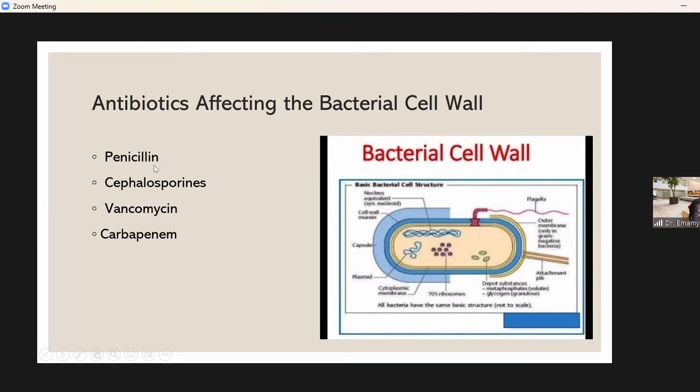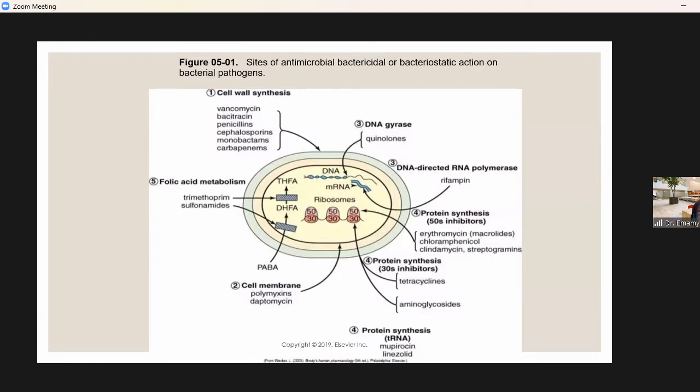They all work to block formation of bacterial cell wall. Some of the antibiotics block protein synthesis, like aminoglycosides. Aminoglycosides like gentamicin, amikacin, they all block protein synthesis.